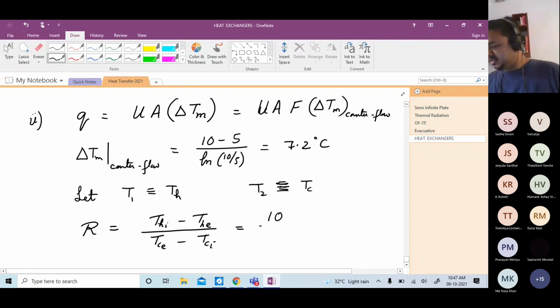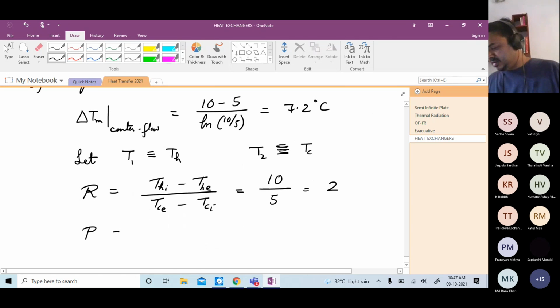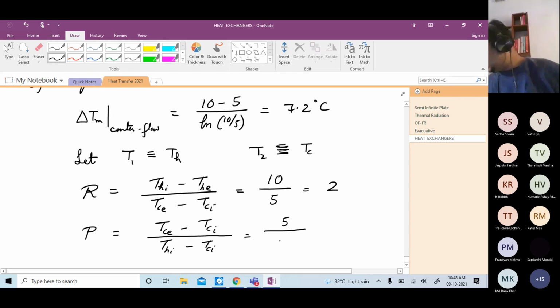THI minus THE is 10 degrees, TCE minus TCI is 5 degrees, therefore R is 2. And what is P? It doesn't matter as long as I have taken 1 as hot and 2 as cold. That should be TCE minus TCI divided by THI minus TCI. TCE minus TCI is 5, THI was 50, TCI was 35. So 5 by 15, and that is equal to 0.33.